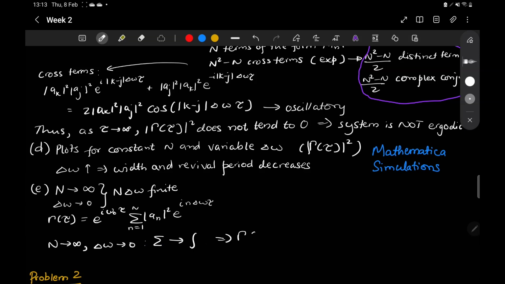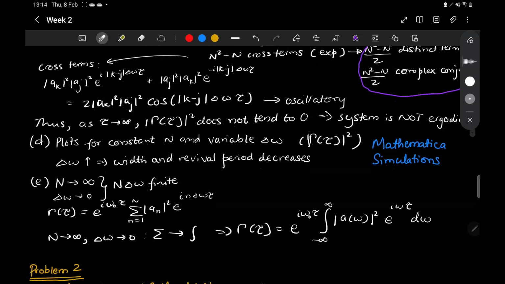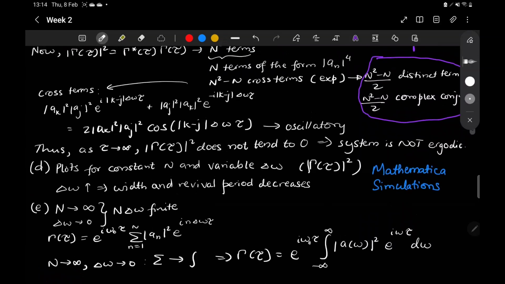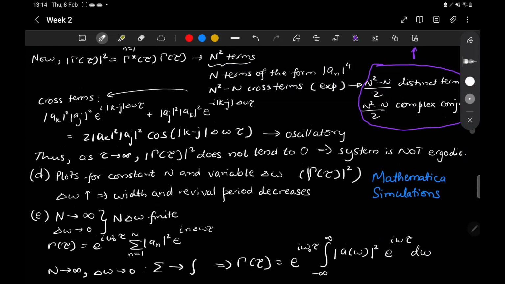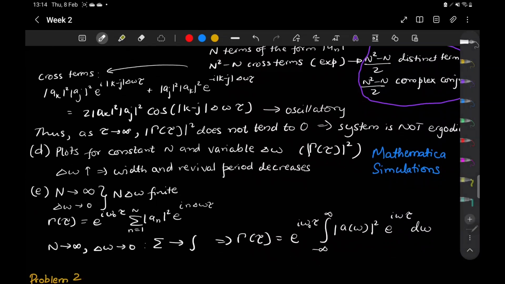So gamma(tau) will be equal to, instead of a summation, an integral. This is the simple situation where the summation goes to an integral.